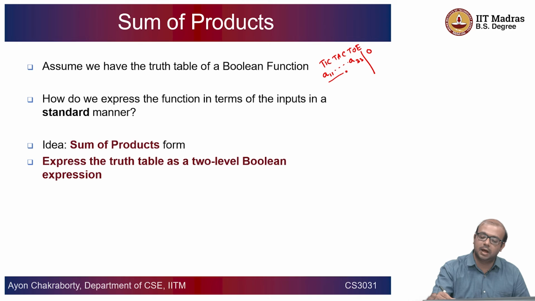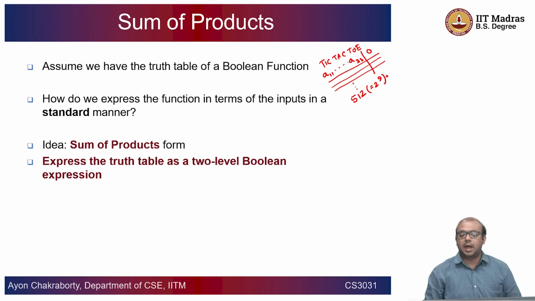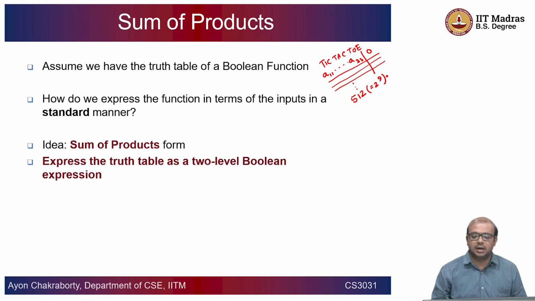So the number of possible input rows can run to as much as 512, which is nothing but 2 to the power 9. It is not a very compact way to represent this. You have so many different entries in this particular table, which makes manipulation or communication of this very cumbersome.